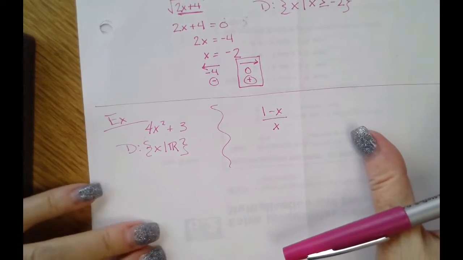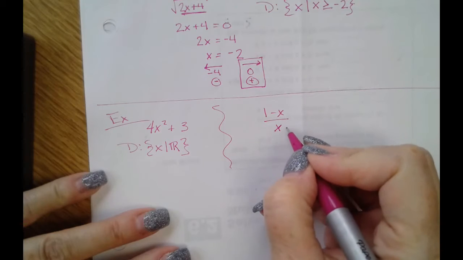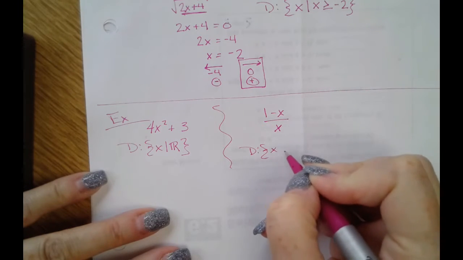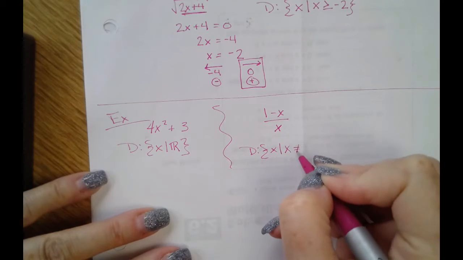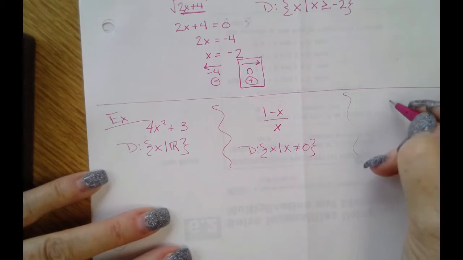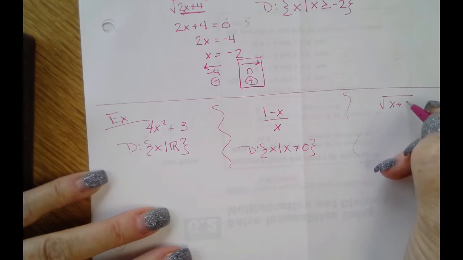And then the square root of x plus 7. So again, set it equal to 0. So x is negative 7. So am I going to be greater than negative 7 or less than negative 7?